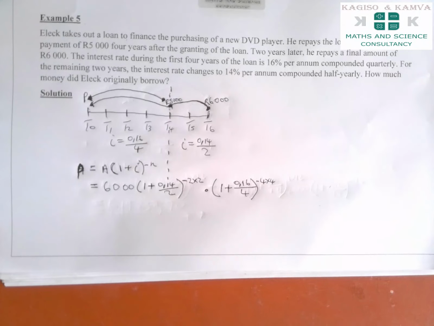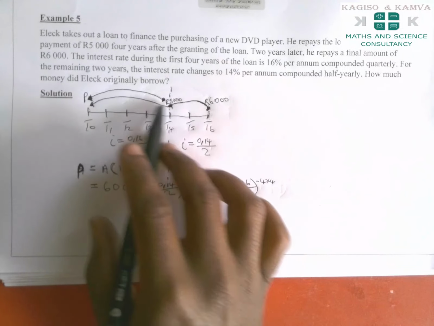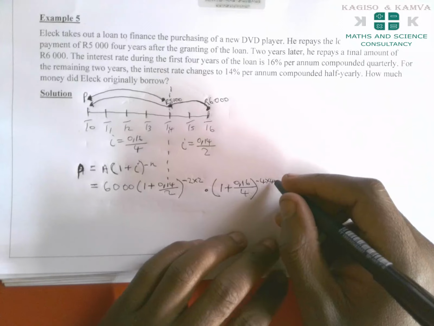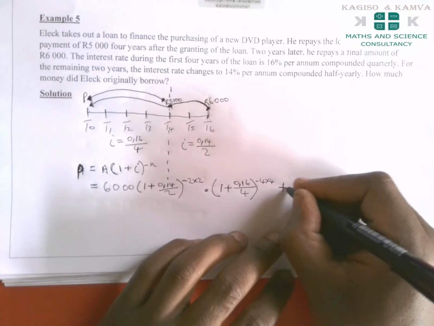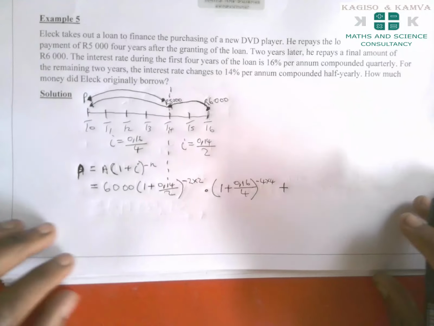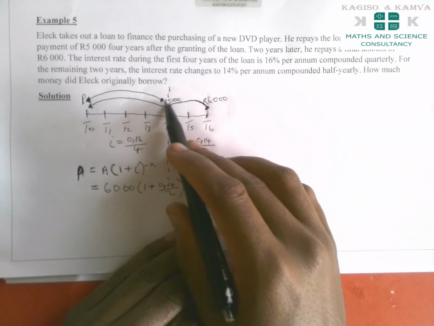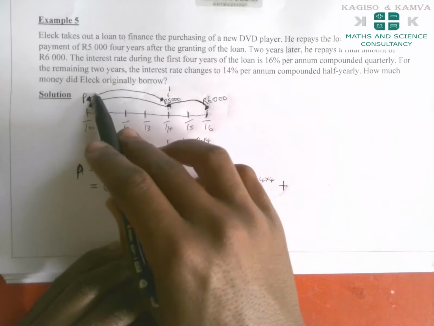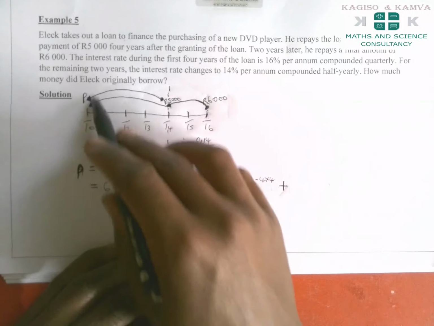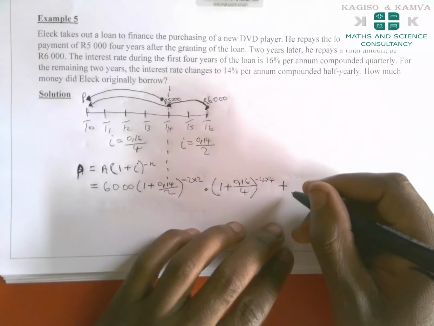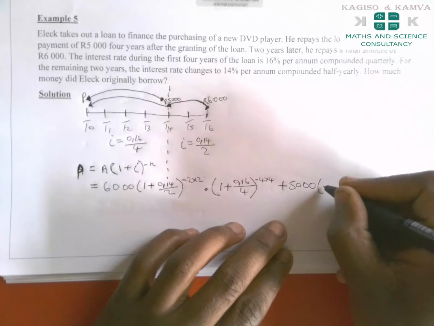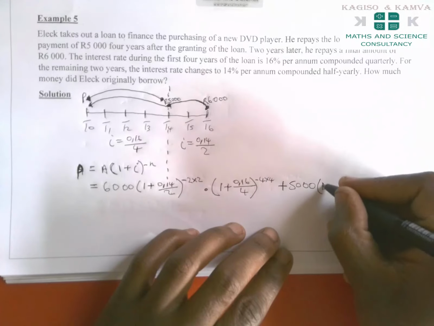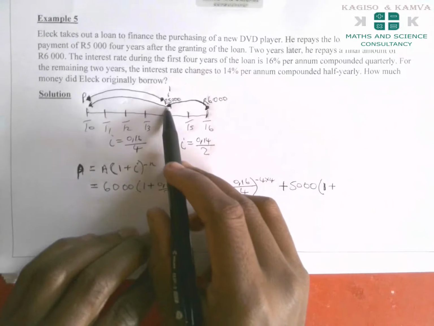Now, because we're going in that direction, money added is going to be plus. Plus how much? The 5,000. This 5,000 we have to bring back as well. It's going to be 5,000 into 1 plus which interest rate?